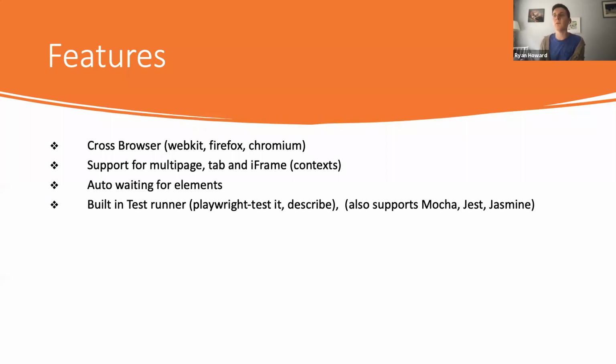It's got a built-in test runner. So there is a Playwright test runner. It uses the describe type syntax that is used with test runners like Mocha. But the great thing is it's not limited to those.